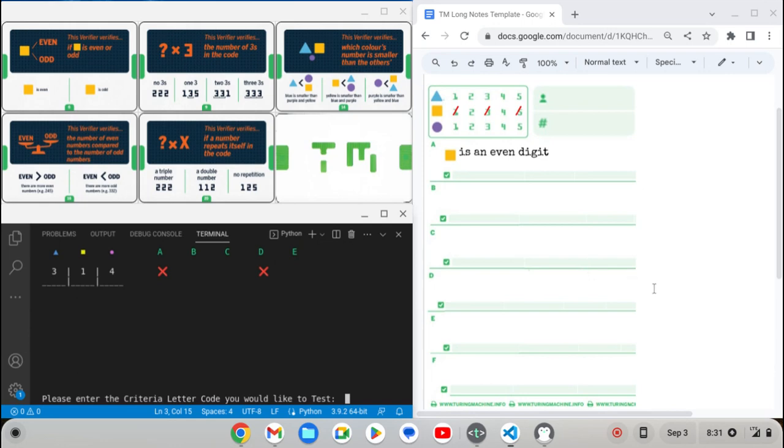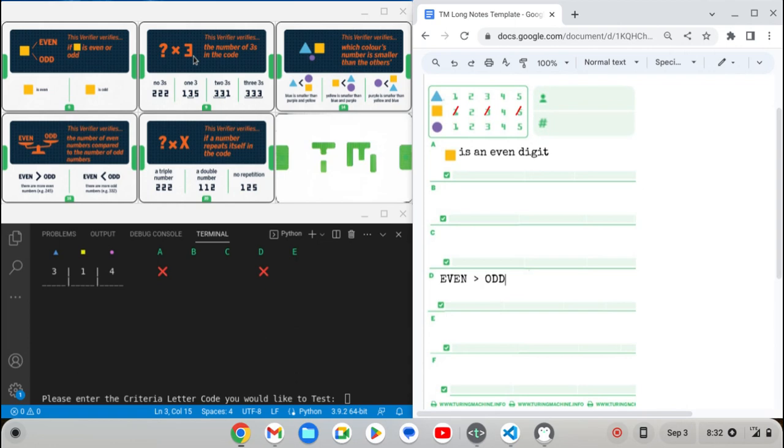So let's go ahead and type that up in section D, and that is that even is greater than odd. Now, notice that we already have a single even, so we do have the possibility of either the solution being all even, or 2 out of the 3 are going to be even.